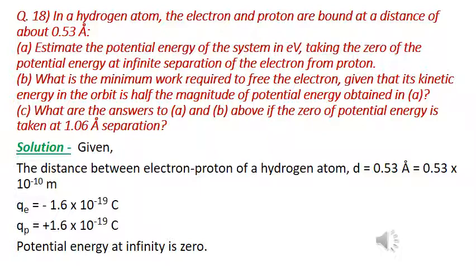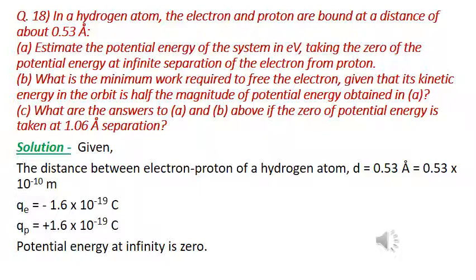B part, the minimum work required to free the electron, given that its kinetic energy in the orbit is half the magnitude of the potential energy which has been obtained in A. And in part C, what will be the answers of A and B if the zero potential energy is taken at 1.06 angstrom separation?